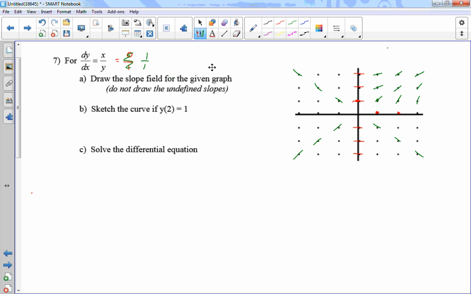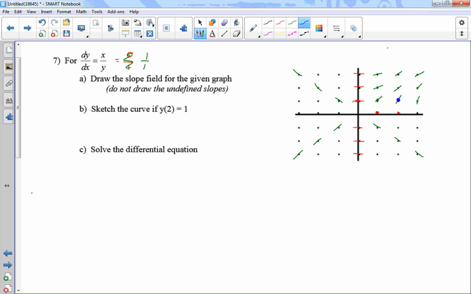So sketch the curve if y of 2 equals 1. So looking right there, y of 2 equals 1. So where would the curve go from here? And so this is some kind of a derivative.